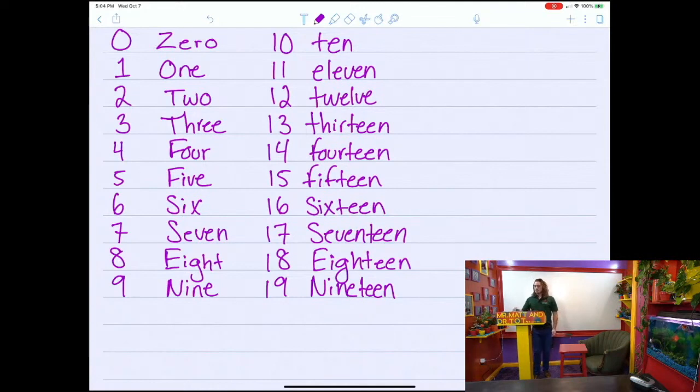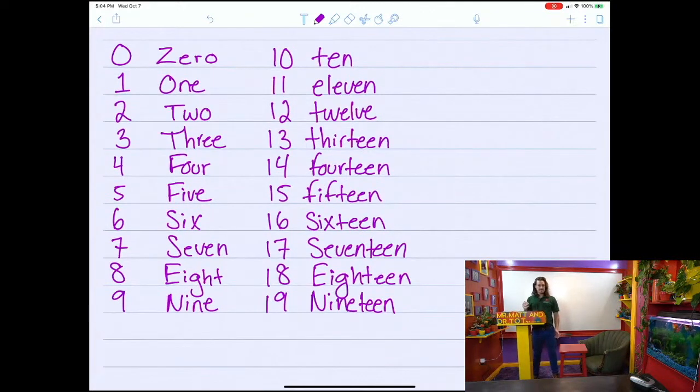So these are unique number names from 0 through 19 that you need to memorize.